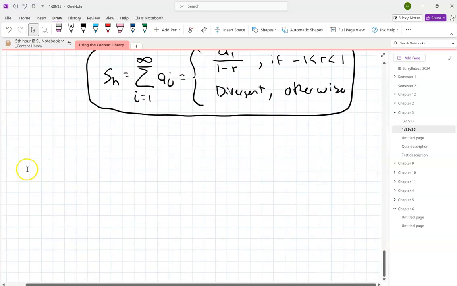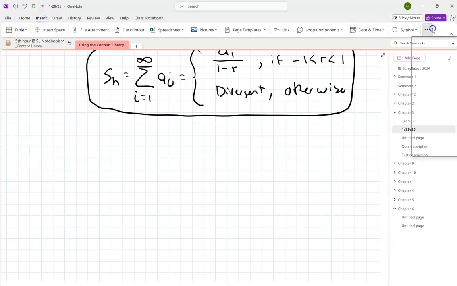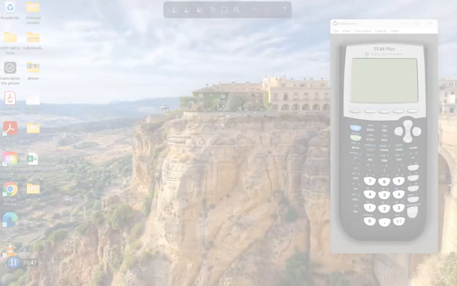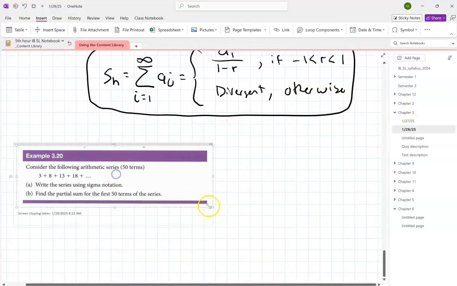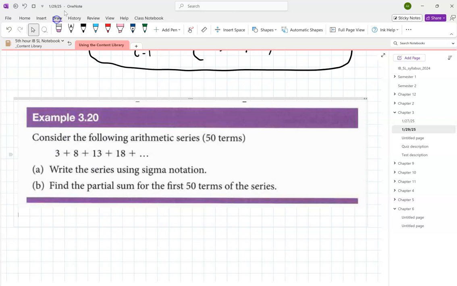Okay, so let's run through some examples here. It says, consider the arithmetic series containing 50 terms.